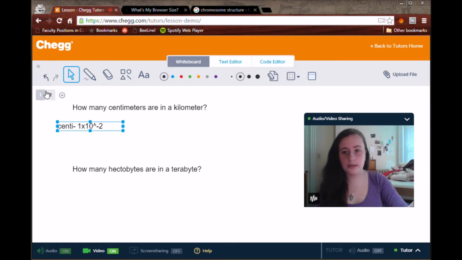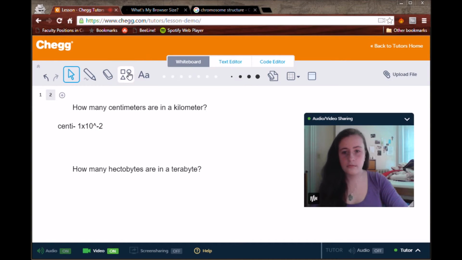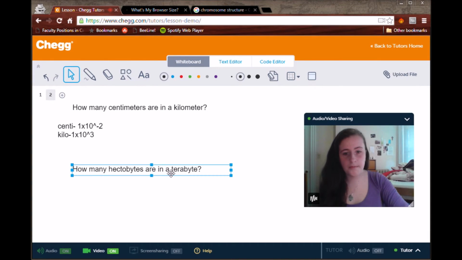And then kilometers is 1 times 10 to the 3, or 1,000. Here I just did 1 kilometer, but let's change this one down here to that number, but we'll get to that in a second.